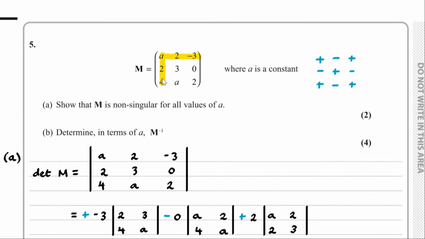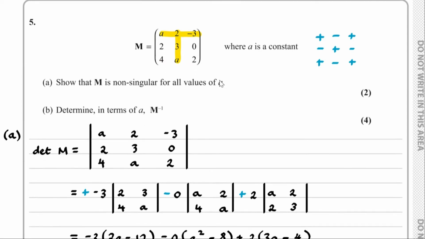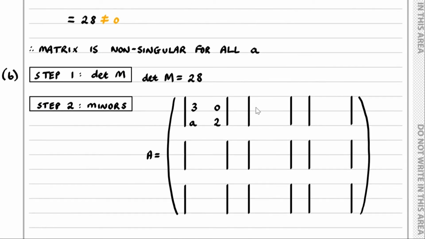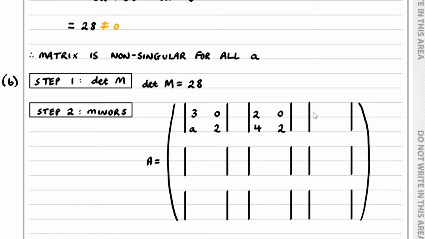And then for the next one, I've got 2, 0, 4, 2.